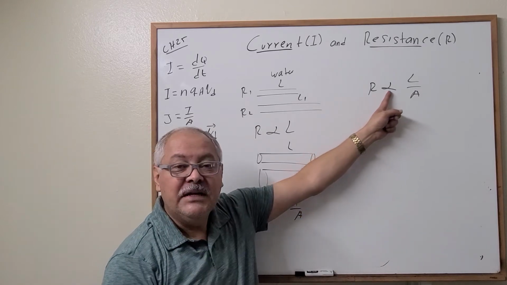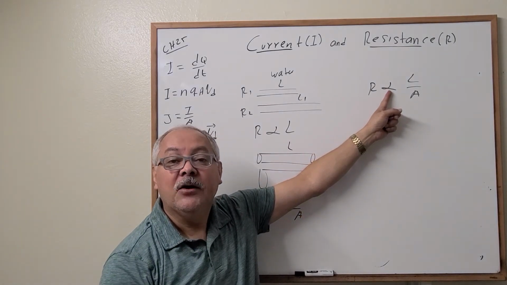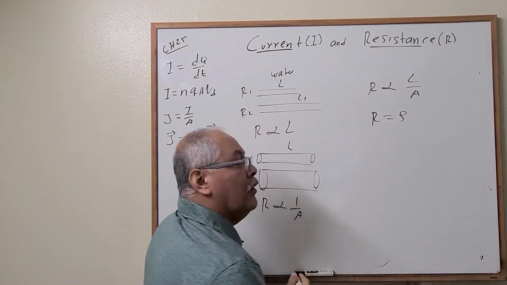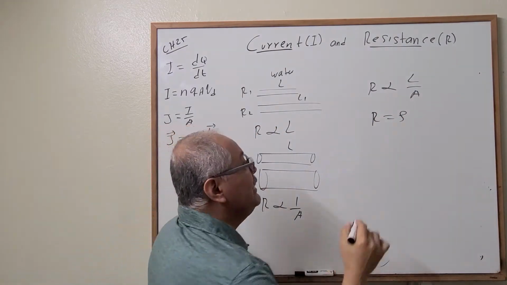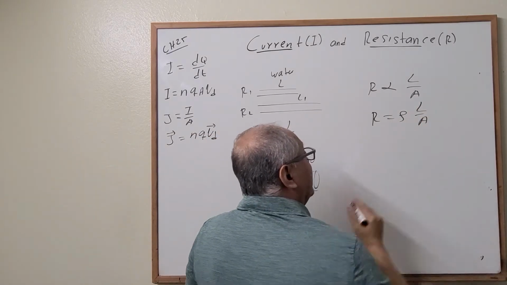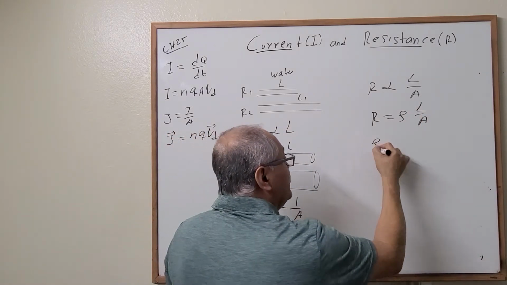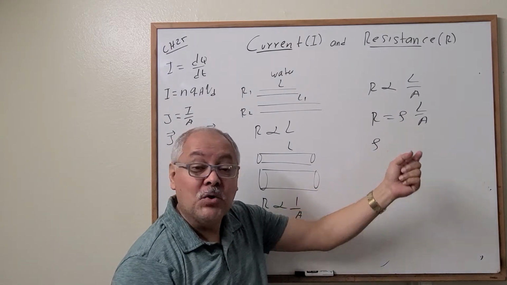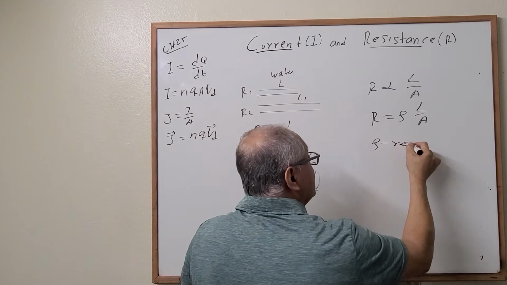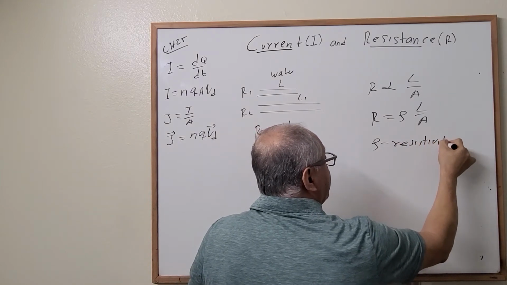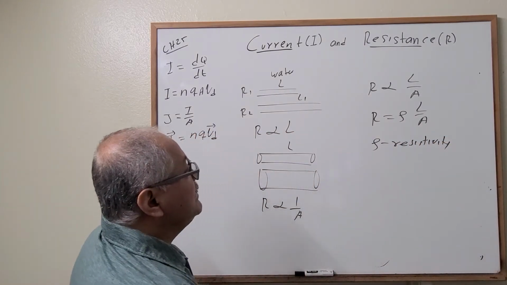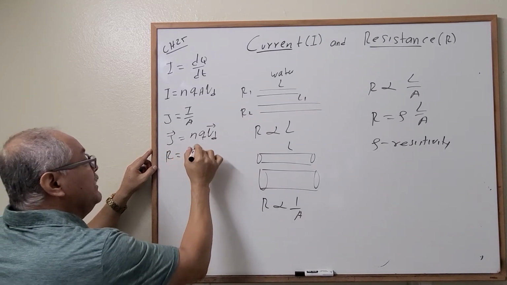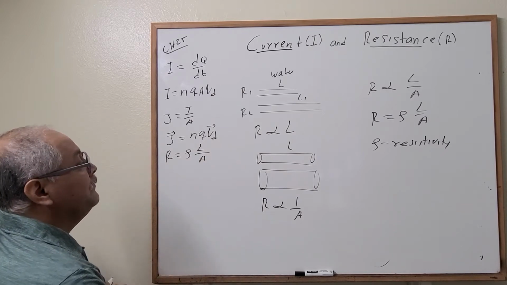How do we eliminate this proportionality symbol? Using a constant. So the resistance is equal to a constant rho, called the resistivity, times the length divided by the area. Rho depends on the material, could be copper, aluminum, and so on. So we have one of the equations for our resistance: resistivity times L over area.